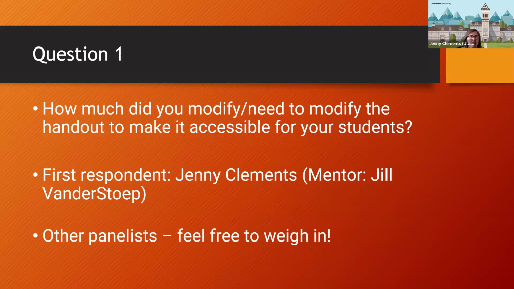And in terms of the materials that Jill gave me, I used a lot of it as she provided, but the modifications I made were more about making it interactive with my students. And so I created some pair share opportunities.